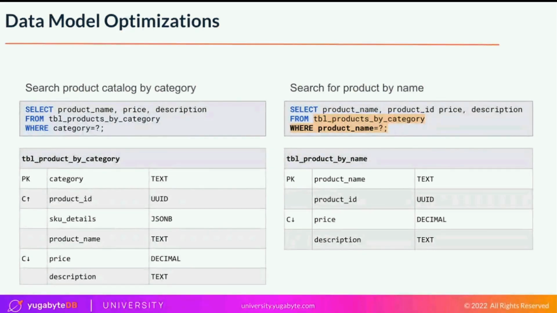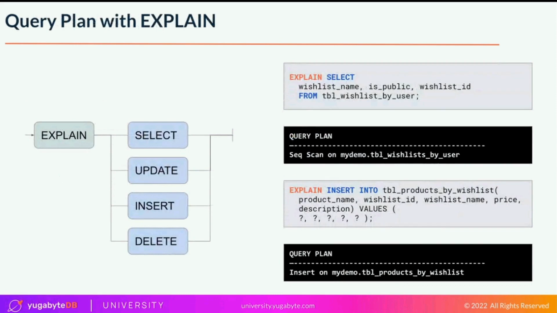So here in the next slide, we're going to talk about the query plan and how we can use the explain keyword. A query plan really helps us trace the sequence of the database operations necessary to execute a query. This glimpse of the database's internal operations will help determine if a query will be inefficient or efficient, will be costly, or will it be slow.